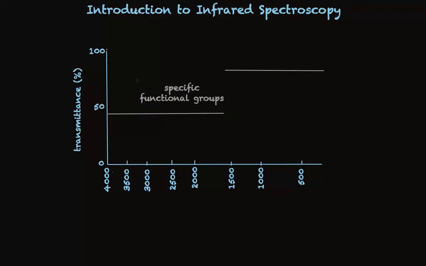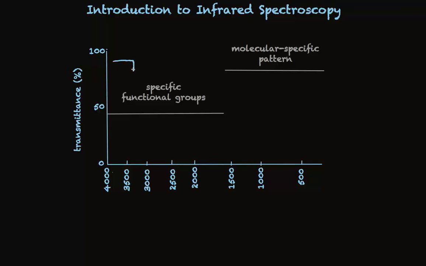Of course, that's highly useful. The second region provides a molecule-specific pattern. In the first region, we're going to see only a few peaks.